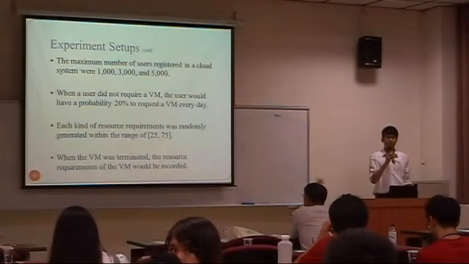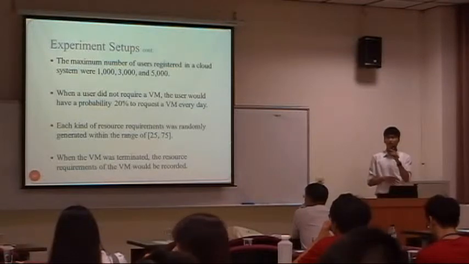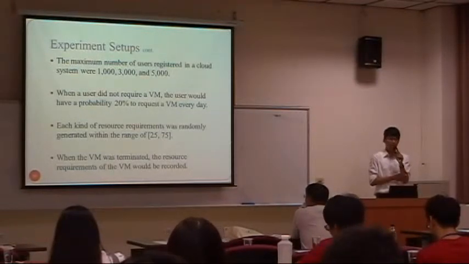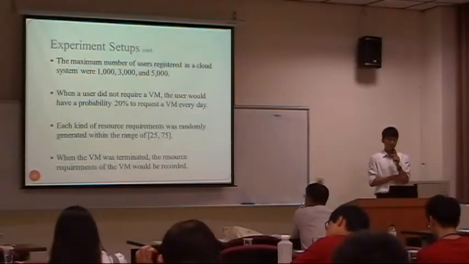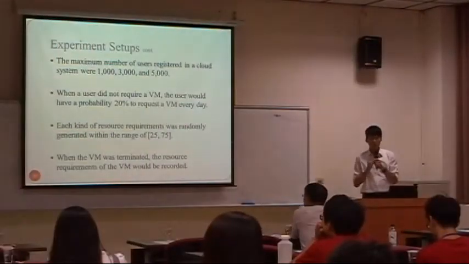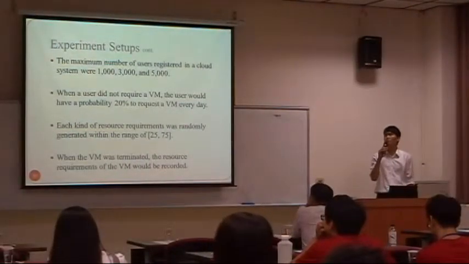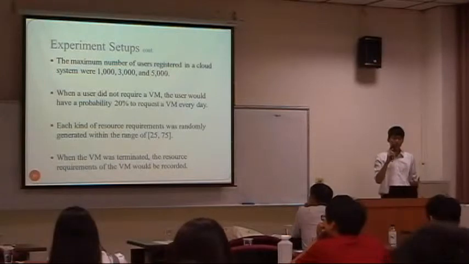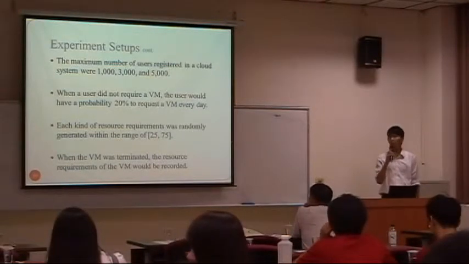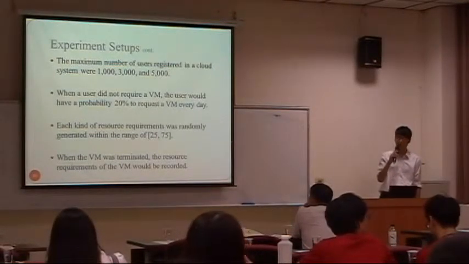The maximum number of users in the cloud system is 1,000, 3,000, and 5,000. A user has a 20% probability to request a virtual machine every day.